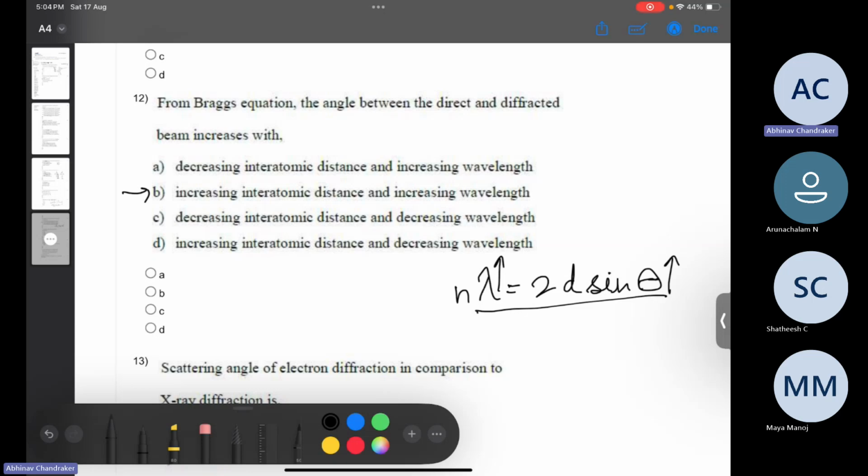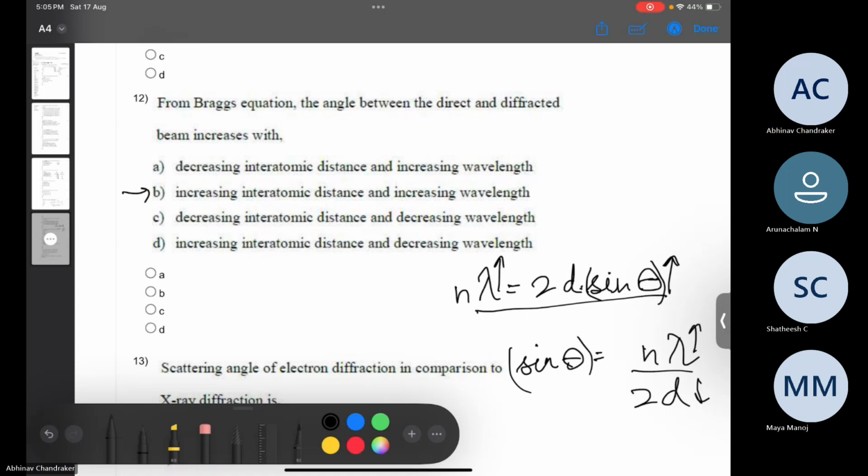But since d is being multiplied to sine of theta, if the value of lambda is constant, you can say sine theta equals n lambda by 2d, and if we want to increase sine theta, lambda should increase while d should decrease, right? So the answer I think should be decreasing d, right? You understood now?